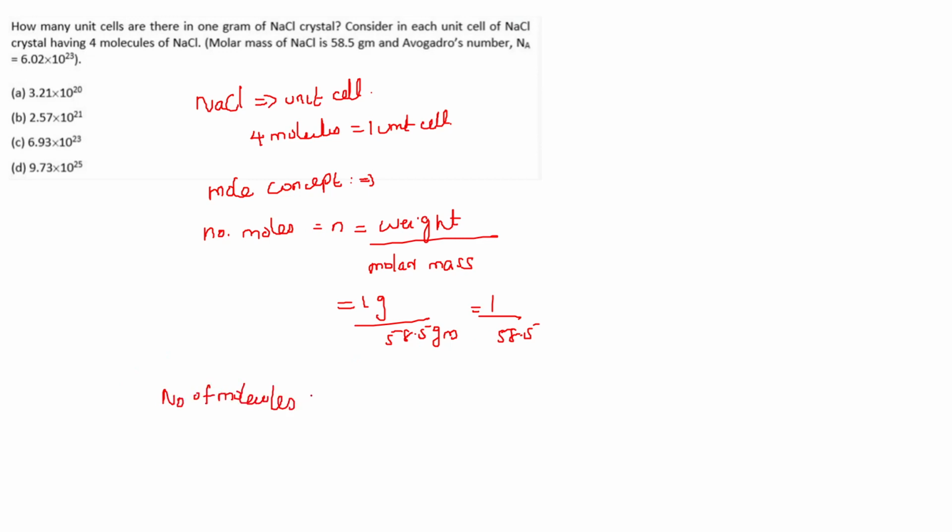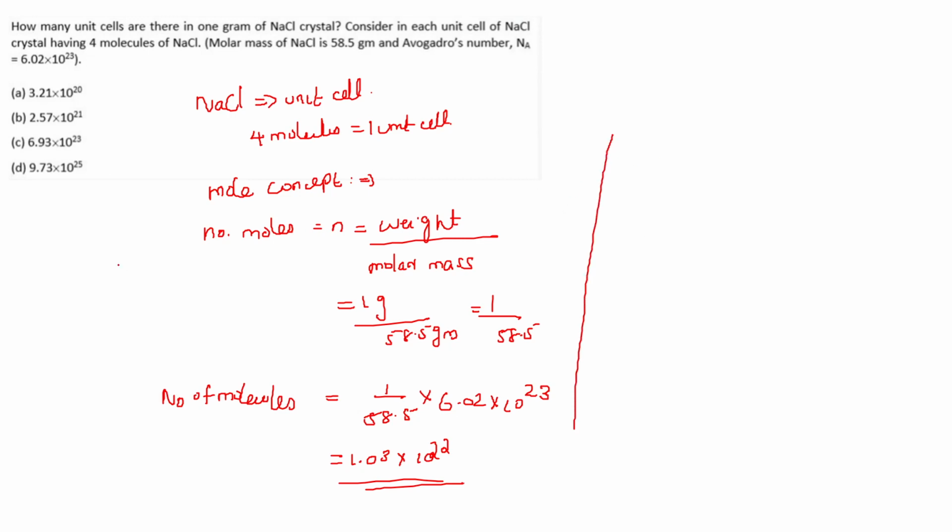So for the number of molecules, we have to multiply this number of moles by Avogadro number, 6.022 into 10 to the power 23. So these many molecules are there in 1 gram of NaCl.